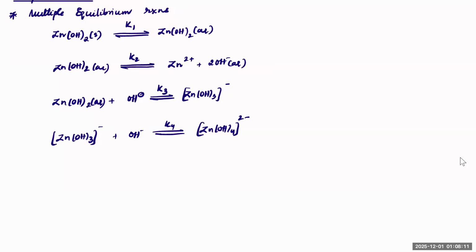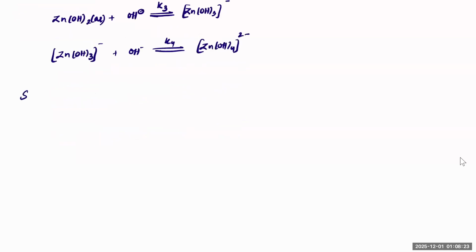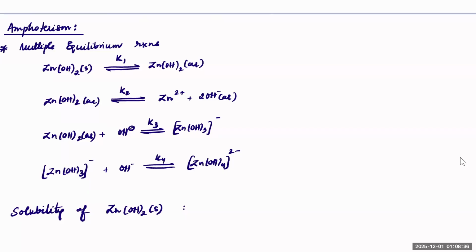Now, if you compare the overall reactions, we cannot say one reaction is dominant over the others. We can have all the reactions possible. So if I have to find the solubility of Zn(OH)2 solid, the solubility is the same as its concentration, because it is solid.